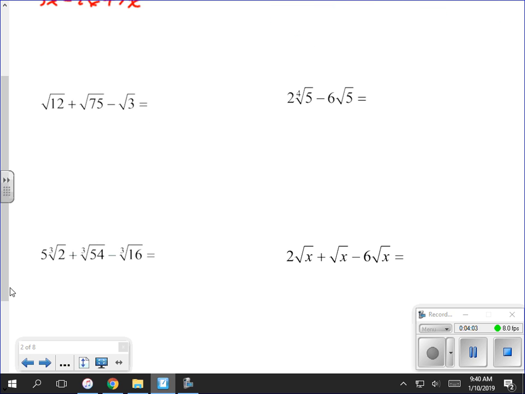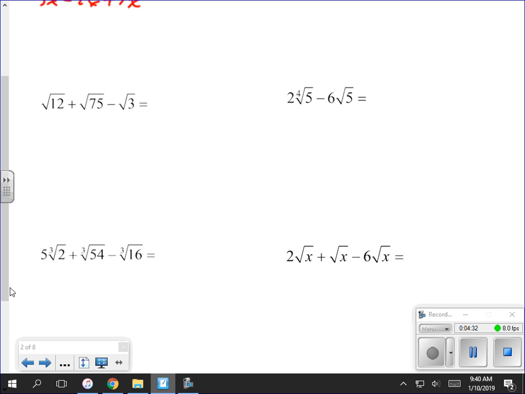The next one is tricky. Okay. None of those are currently like radicals. As it stands, I cannot combine any of them together. That would be too easy. So what do we do? We need to see if we can simplify the radicals first. And if we can simplify the radicals, then we combine them together.